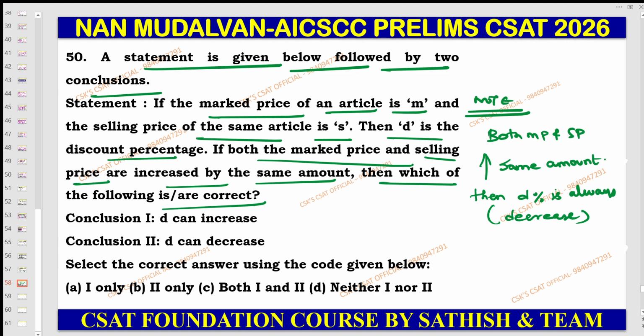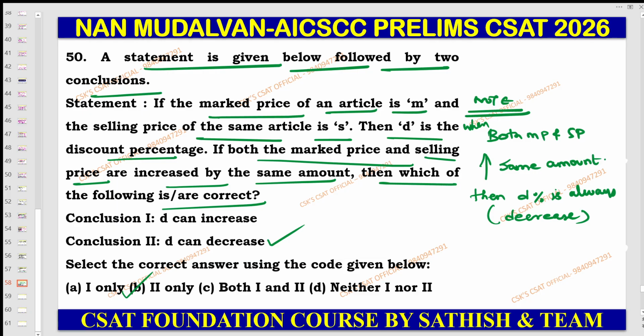Remember, this could be a data sufficiency problem also. Here the conclusion also you can take. When both MP and SP increase by the same amount, surely the discount percentage decreases, which means it always decreases. Answer is B. Understood?